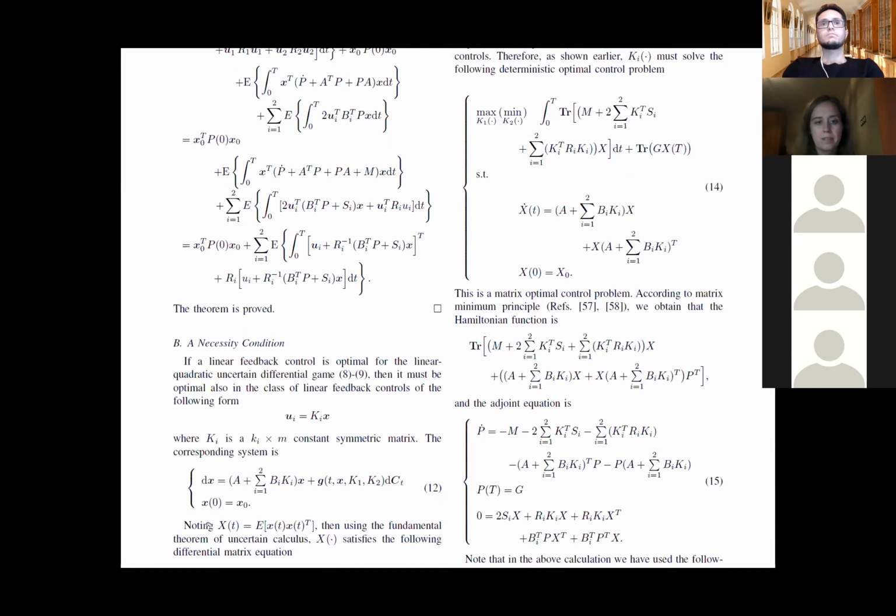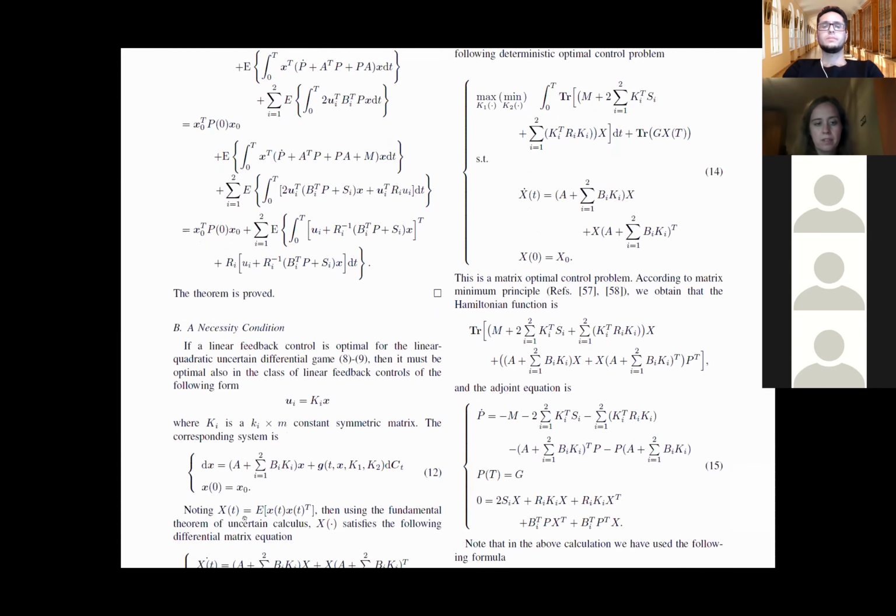Notice that xt equal to the expectation of x satisfies this, and uses the fundamental theorem of uncertain calculus. This uses uncertain calculus again.